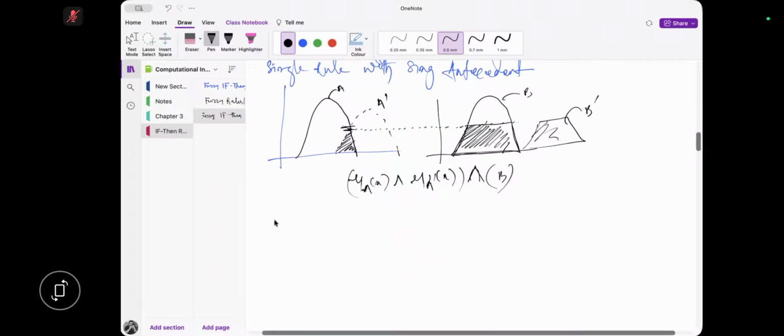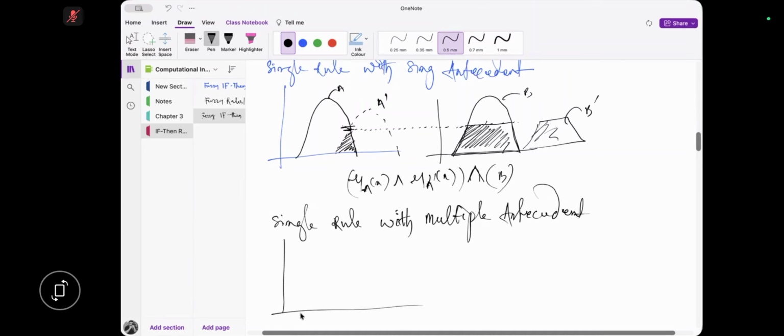Understood or not? Yes, sir. Then we have explained single rule with multiple antecedents, where I have taken two inputs.